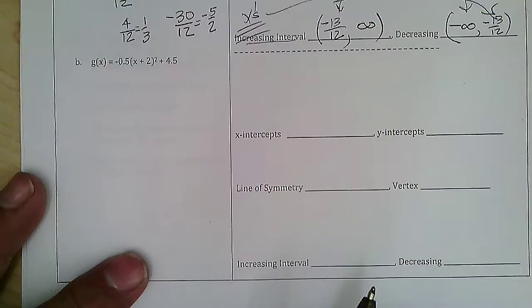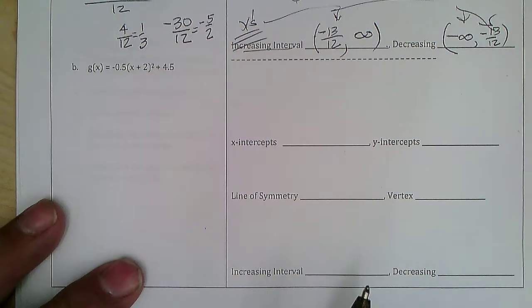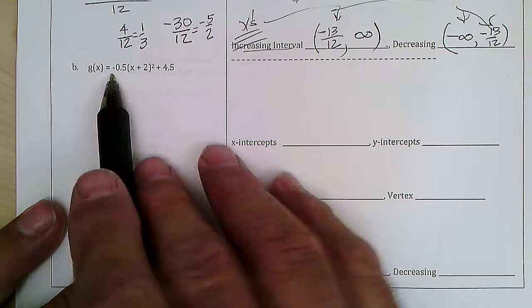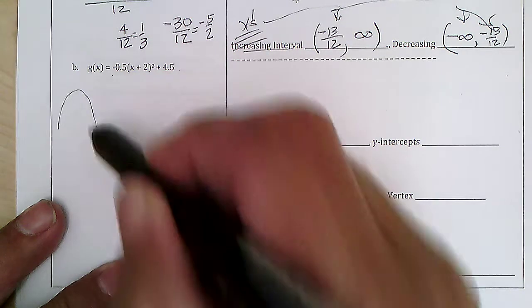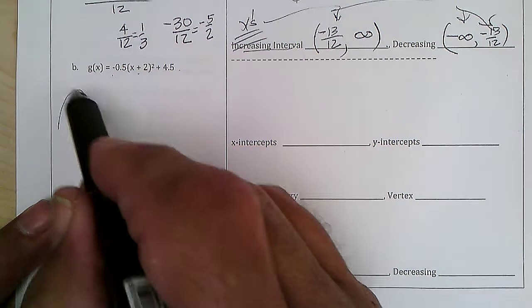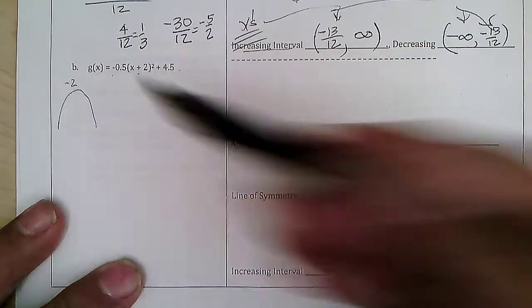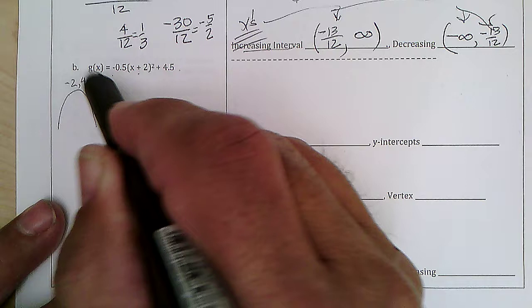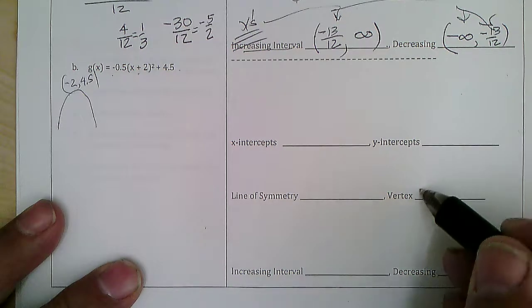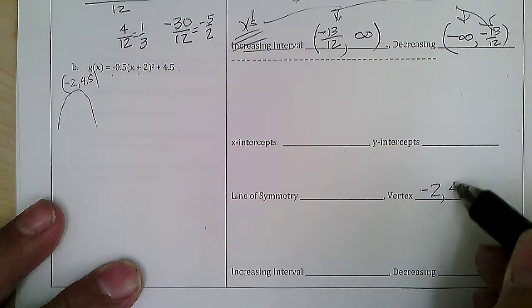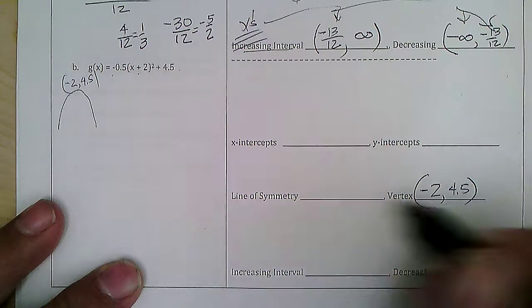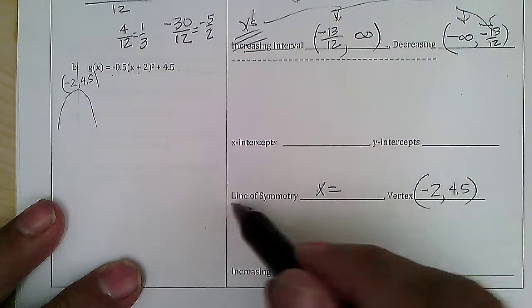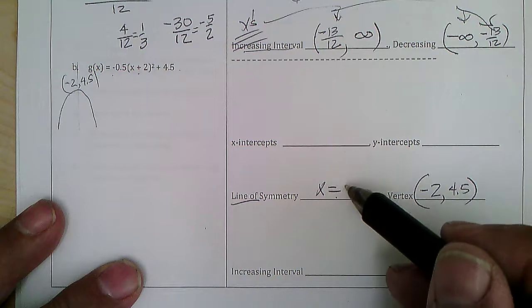2b, several of you just insist on making this hard. This is a parabola that's upside down. Vertex is at -2 because it's moved -2 and it's up 4.5. -2, 4.5, which means the axis of symmetry is at x equal, it's a line, have to have an equation, -2.